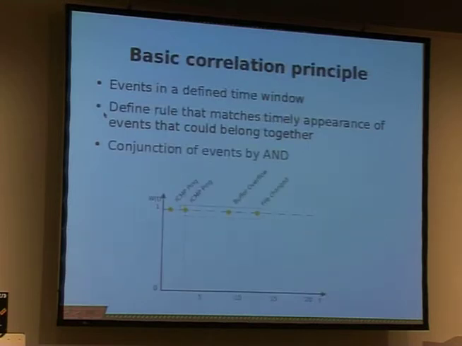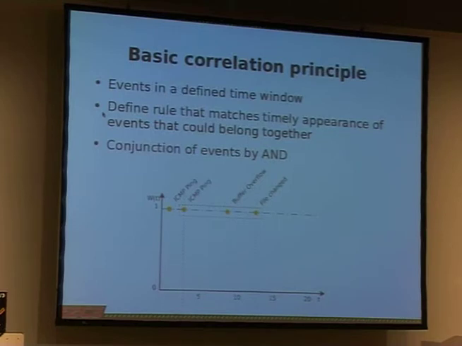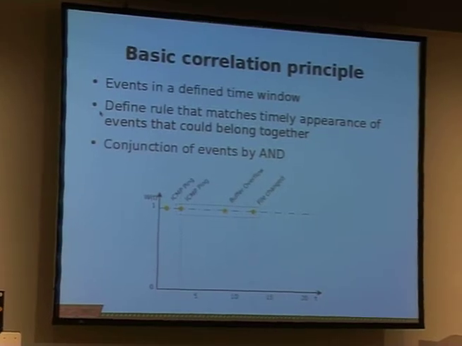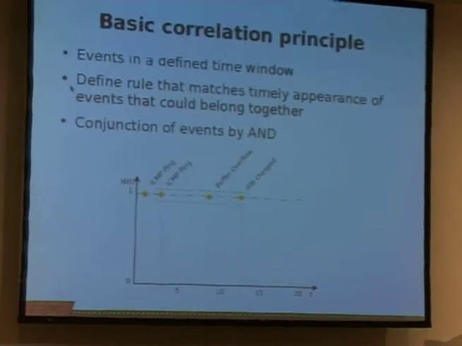So here we have a very simple and basic example of, let's assume, a worm attack. What the worm does is first it sends an ICMP ping to see if the system it wants to attack is alive. Then after a certain time, it will send a buffer overflow.